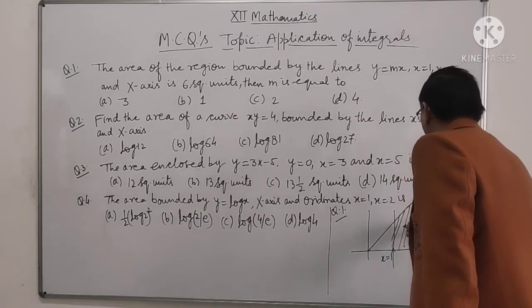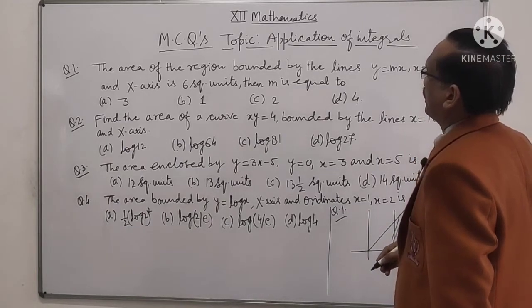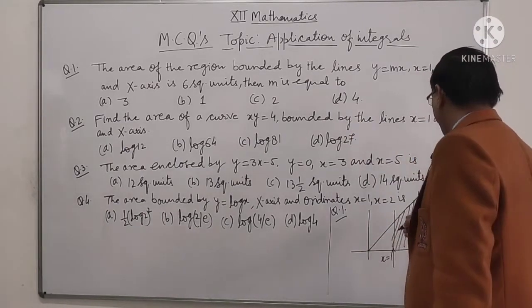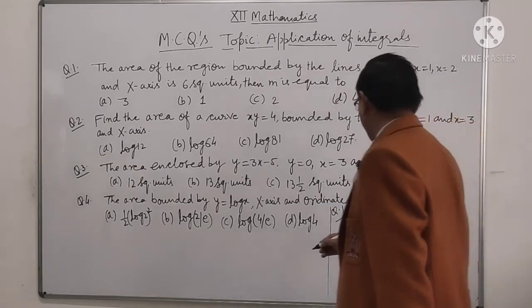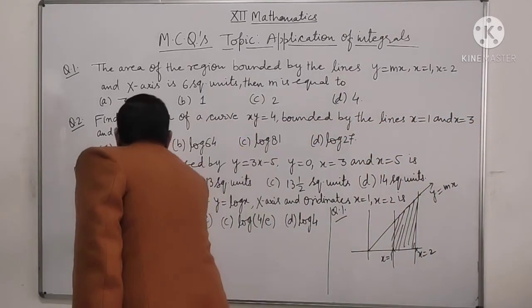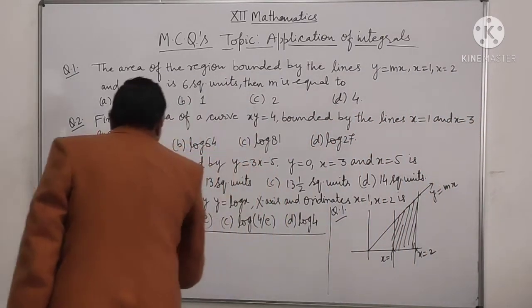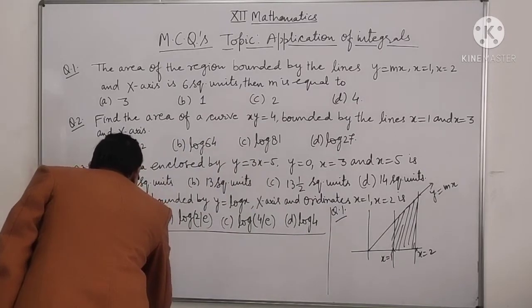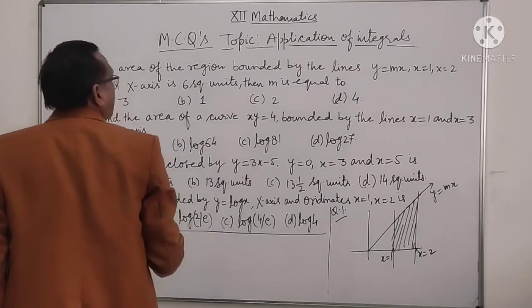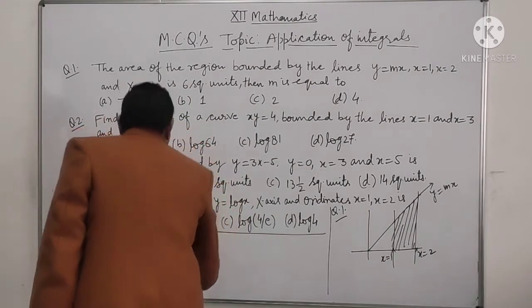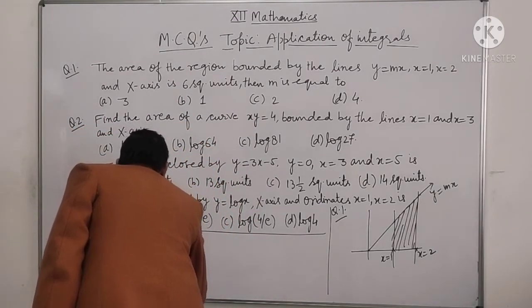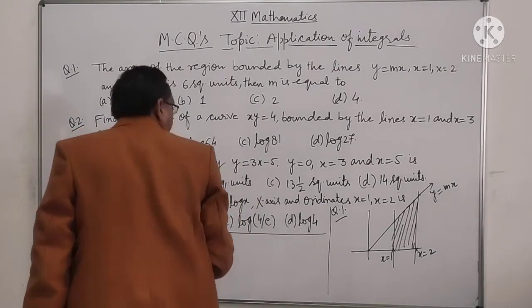This is the required area. Here it is given 6 square unit. So according to the formula, required area equal to integration 1 to 2 y dx.